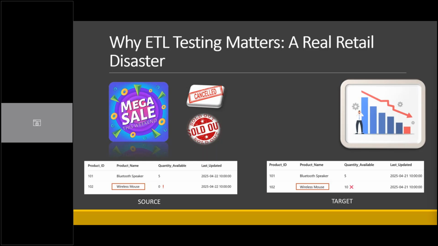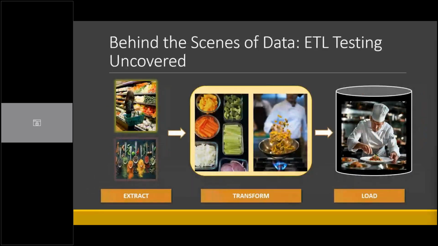Okay, good. So next, again, I will start with another story. We started with an ETL failure story. Now this is the actual scenes behind ETL testing. Here you are seeing images of a restaurant where dishes are being prepared and served.